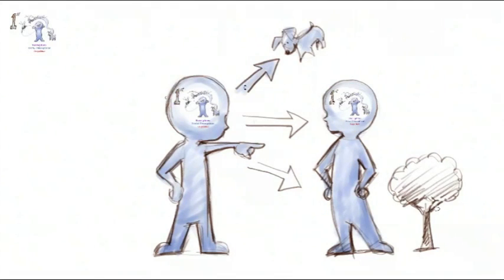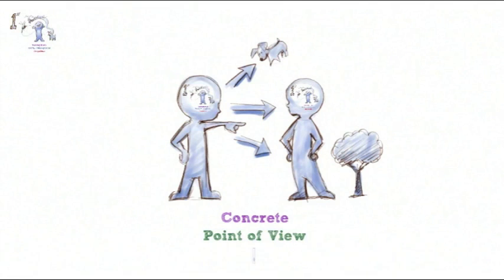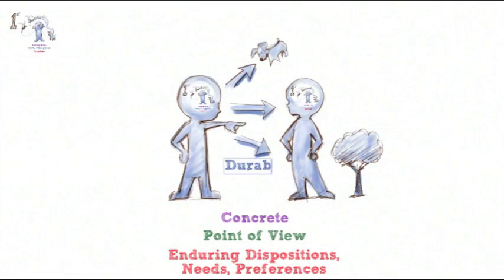And what's really going on here in this second order of consciousness is that the subject is now able to distinguish what he calls durable categories. You'll see that we've got concrete cognition, we've got point of view in the interpersonal, and then enduring dispositions, needs, and preferences within ourself. Now, he calls these things durable categories.